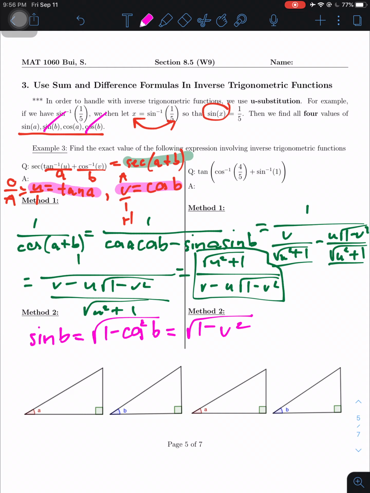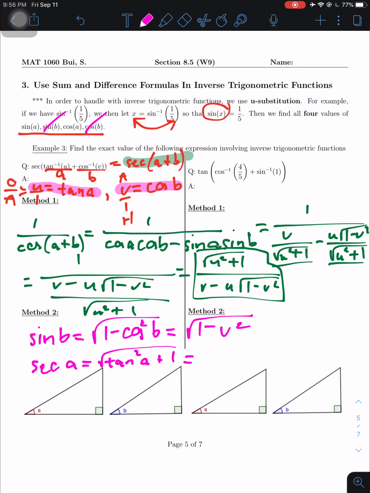Well, because we have tangent of A already, the next thing I want to do would be to find secant, right? And secant of A, if we go ahead and use the Pythagorean identities again, equals the square root of tangent squared plus 1. Okay, and again, if you don't see how the Pythagorean identity comes into place in here, please let me know, okay?